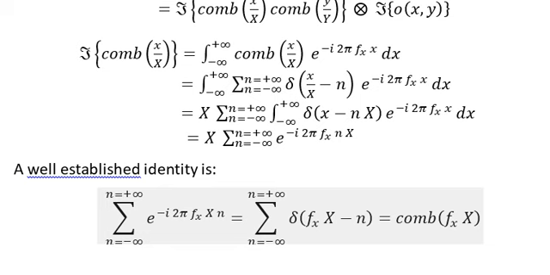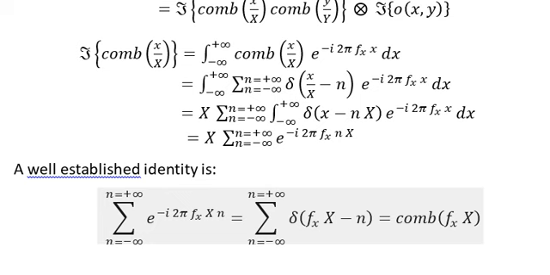So this is the identity that we have used. Compare this: fx into capital X is present in the argument of the exponential function on the left-hand side, and n is also present, but here delta of fx capital X minus n is actually the mathematical identity.